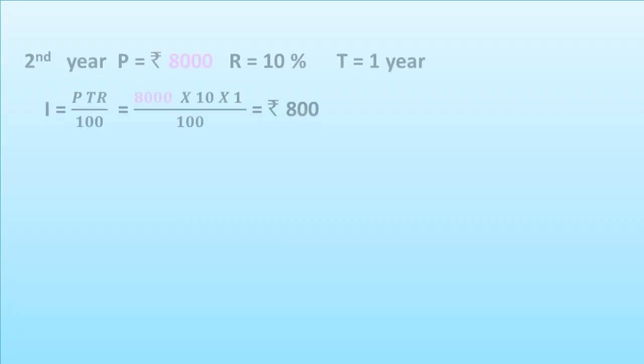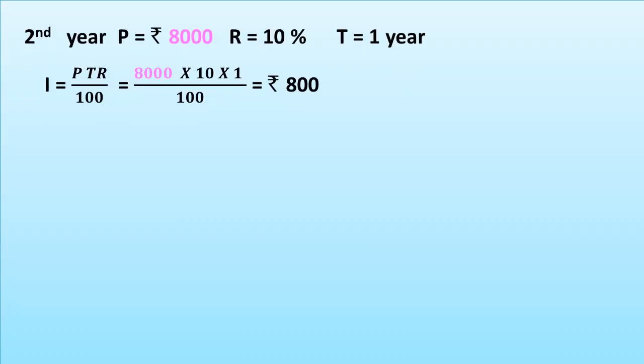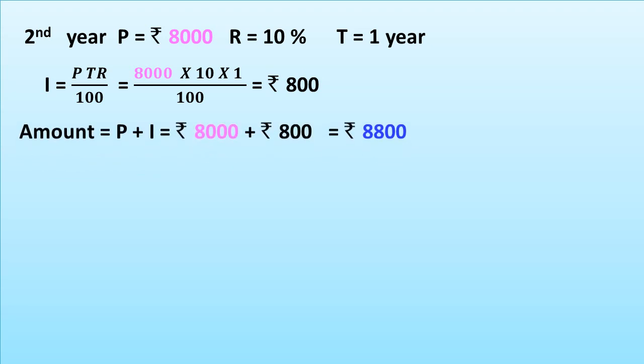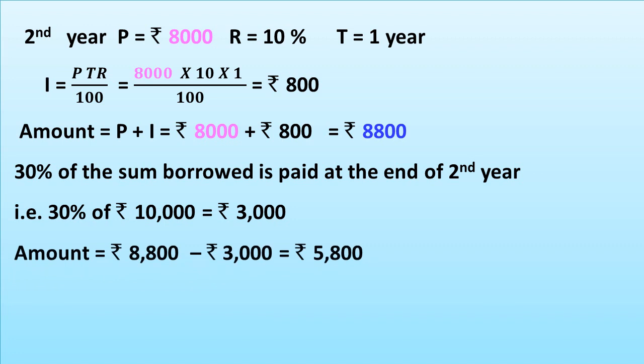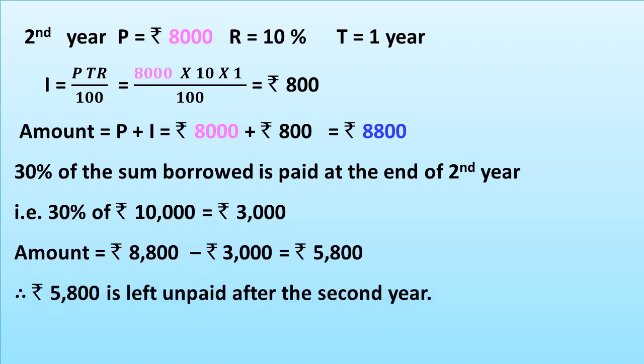Consider this as the principal for the second year and the amount due at the end of the second year is 8,800. Again he repays rupees 3,000 at the end of the second year. Hence the amount due at the end of the second year is rupees 5,800.